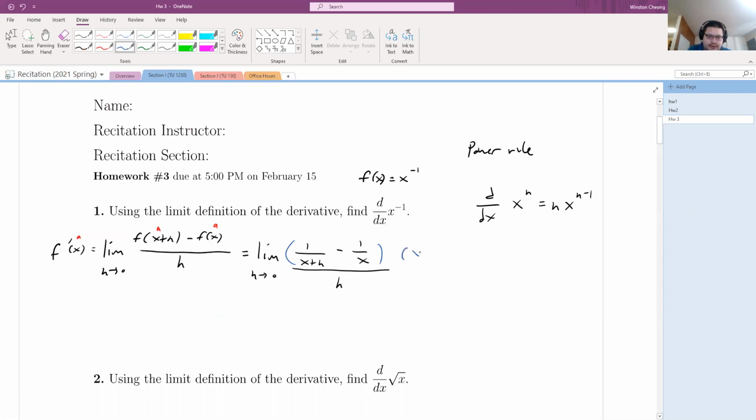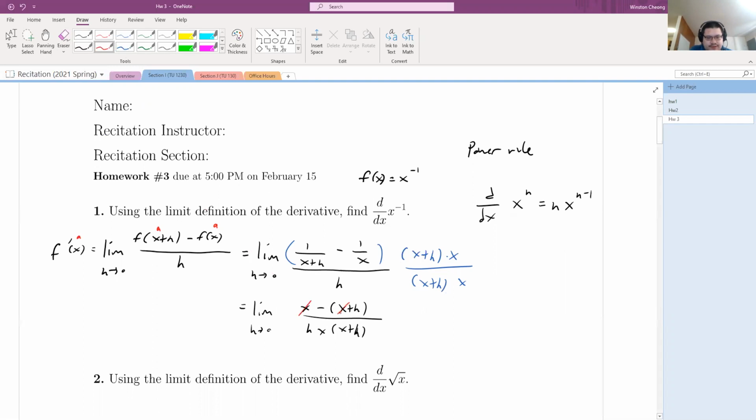So we'll multiply by x plus h times x, and of course, we have to do the same in the denominator. And so this will simplify. We get x minus x plus h, all over h times x plus h times x. And you can see that things will simplify quite a bit.